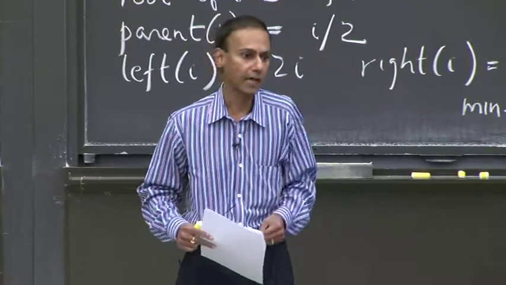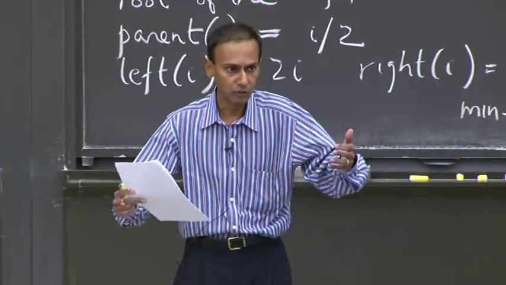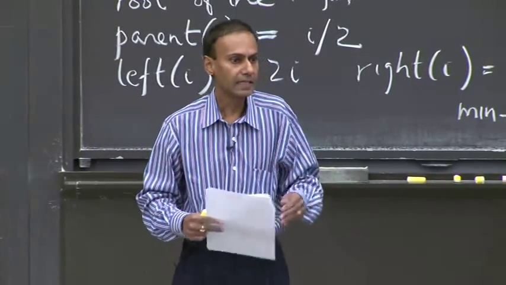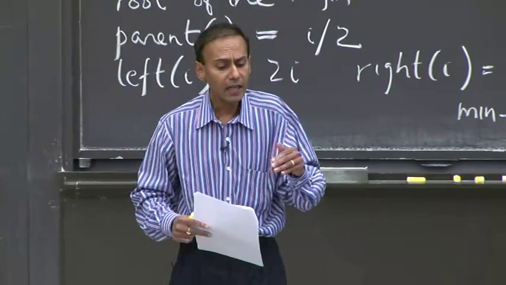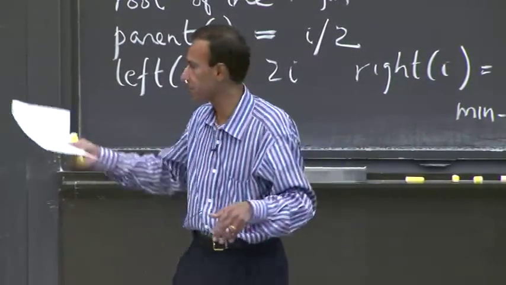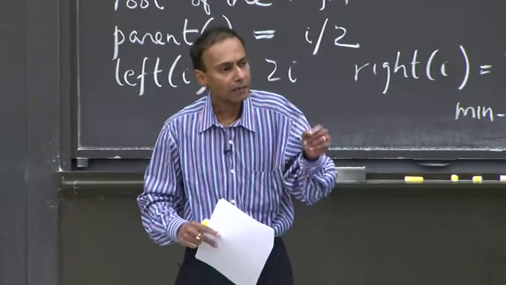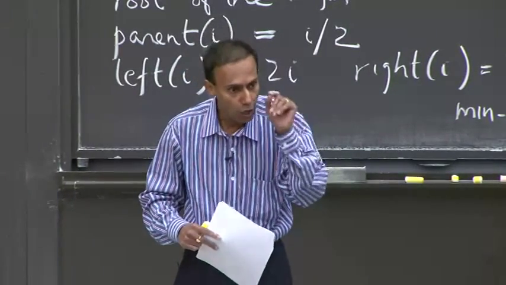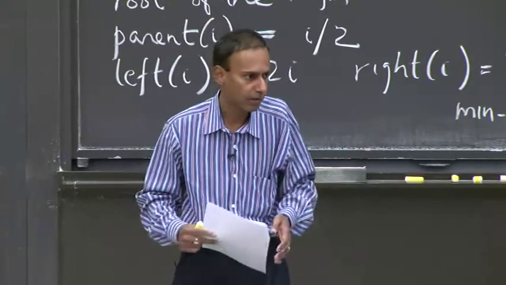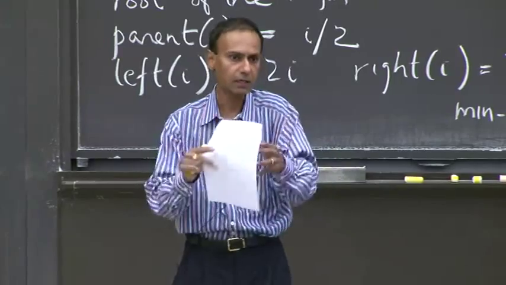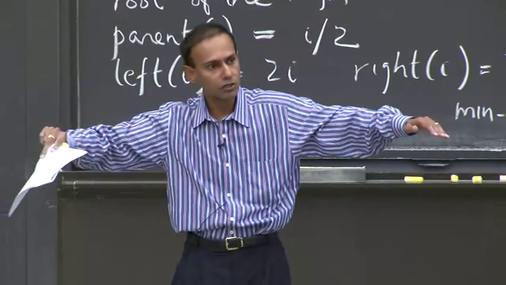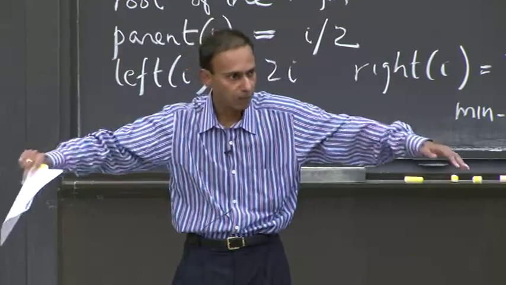And I'll tell you why it's order n in terms of a hand-wavy argument. The hand-wavy argument is that you're doing basically no work for the leaves, but you're not even counting that because you're starting with n over 2. But when you look at the n over 2 node, it's essentially one operation or two operations, in whichever way you count, to build max-heap. And so for that first level of nodes, the first level above the leaves, it's exactly one operation.